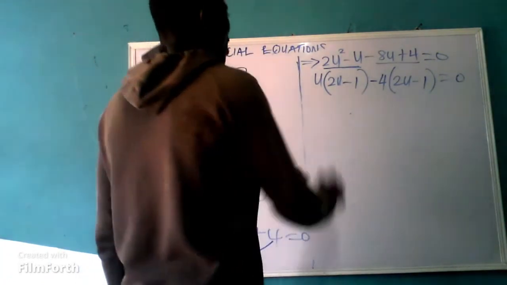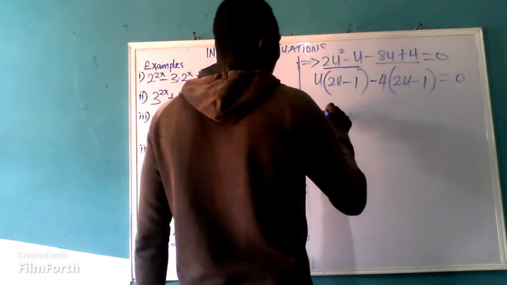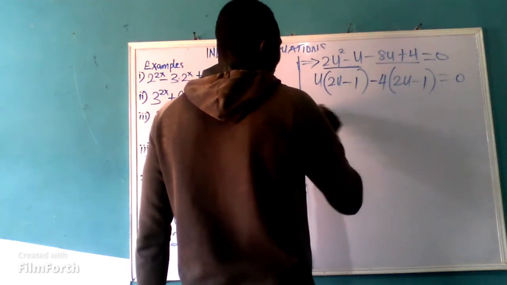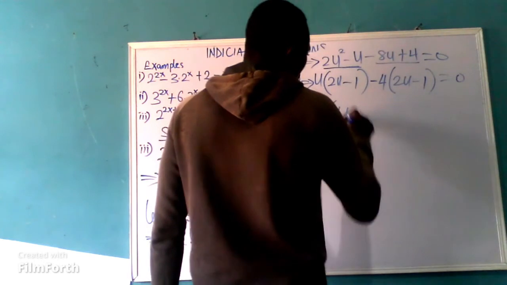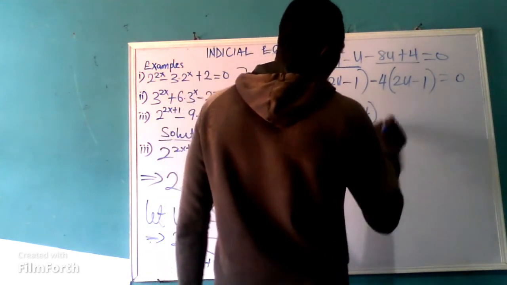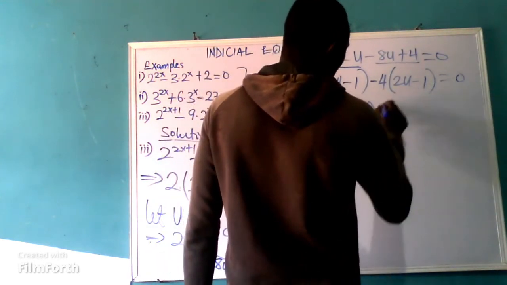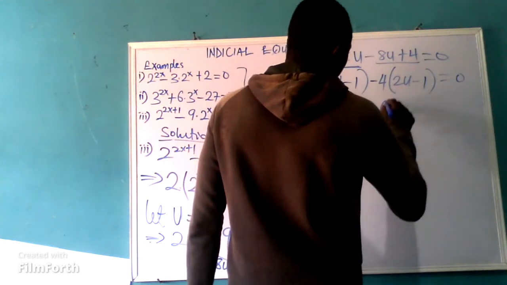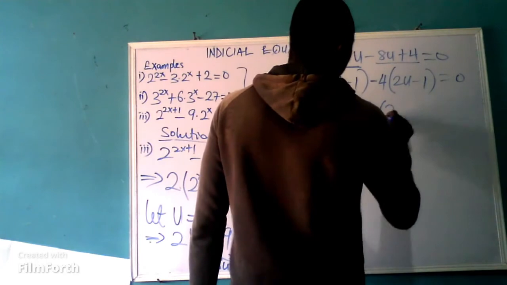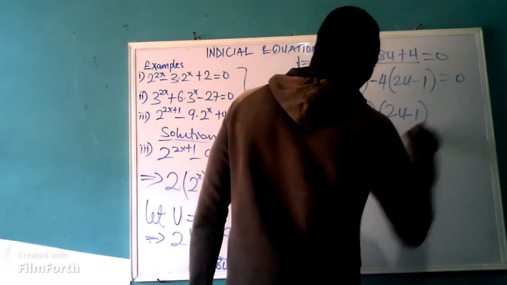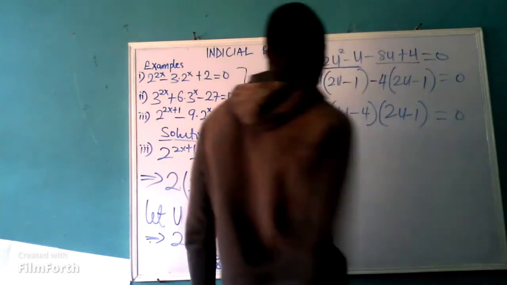Now let's bring together those things that are outside brackets, so that we have u minus 4. Then choose one of the common brackets, everything into bracket. Then open bracket 2u minus 1, close bracket, everything equal to 0.